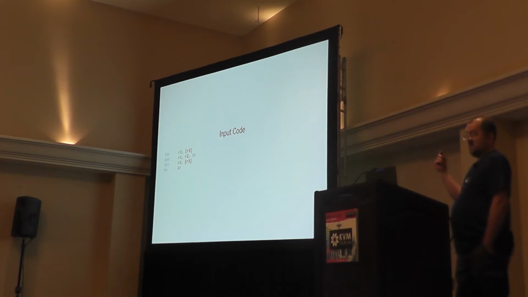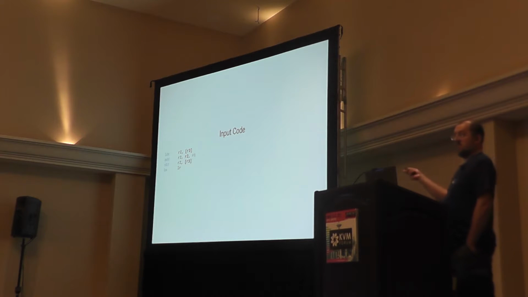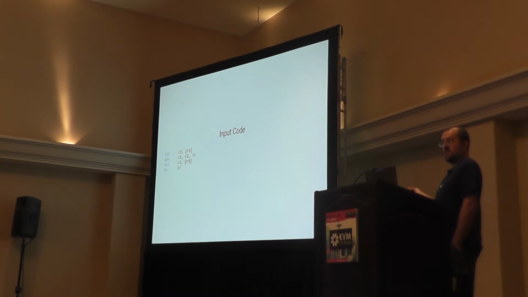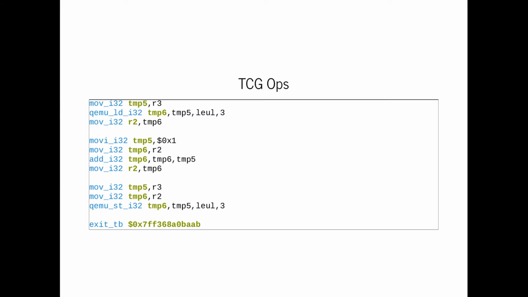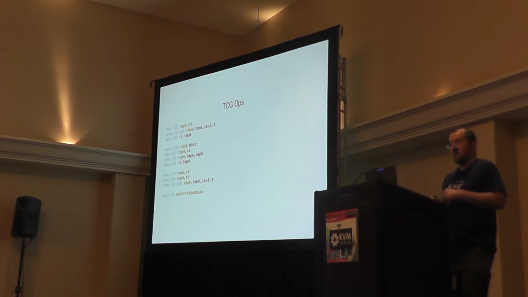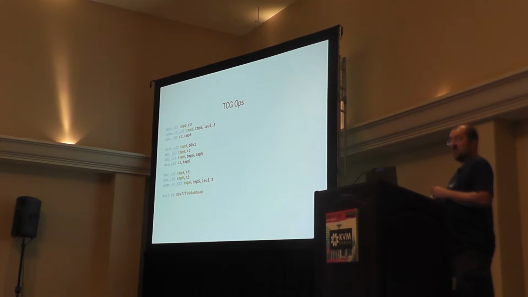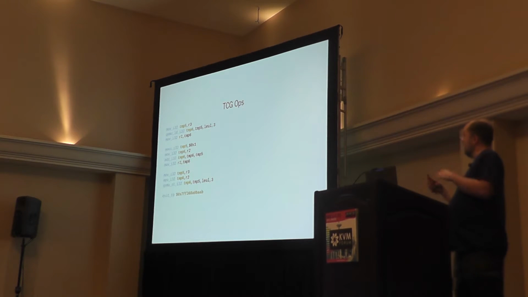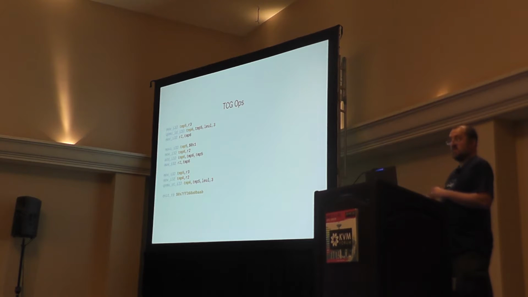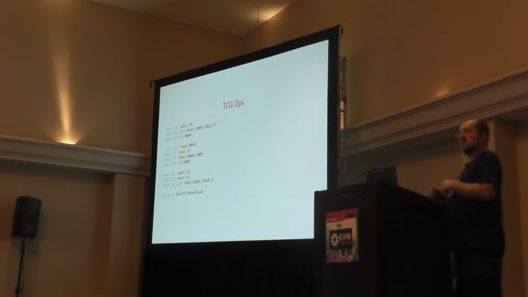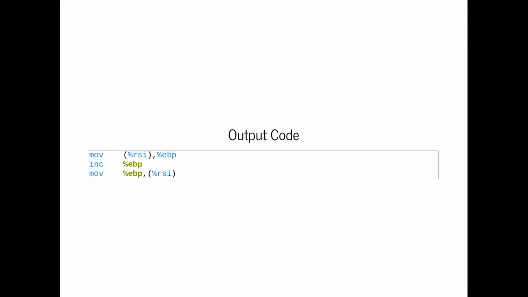In this case, it's an unconditional return, but any control flow change basically ends the current input block, and that includes conditional branches and computed jumps. These are broken down into an intermediate representation known as TCG ops. They're similar to the sort of thing that a compiler would generate, and then it goes through a basic optimization phase where we remove things like dead assignments and constants are propagated, that sort of thing.